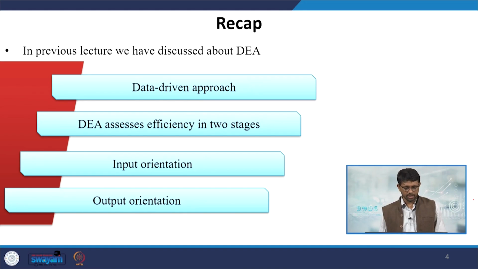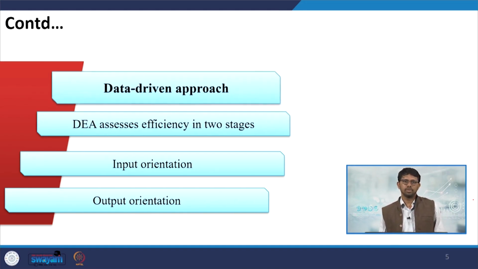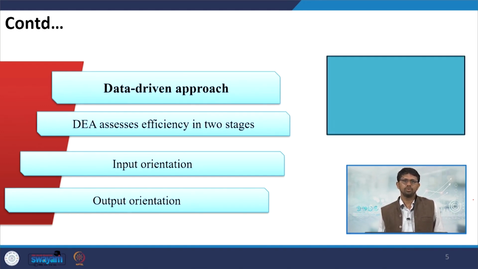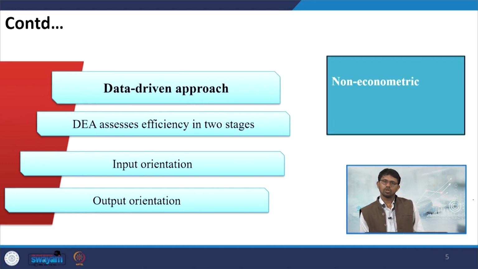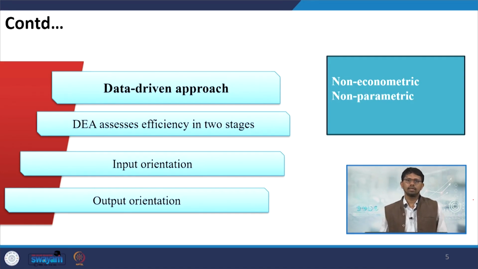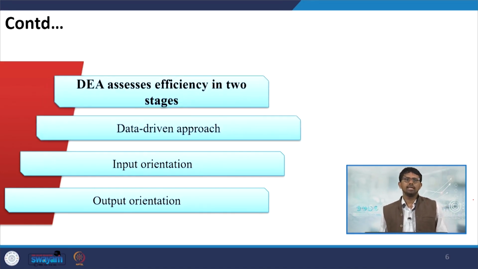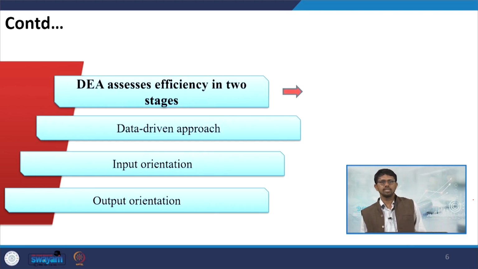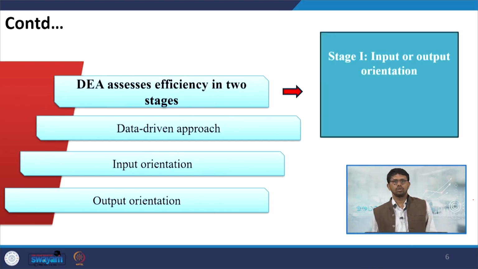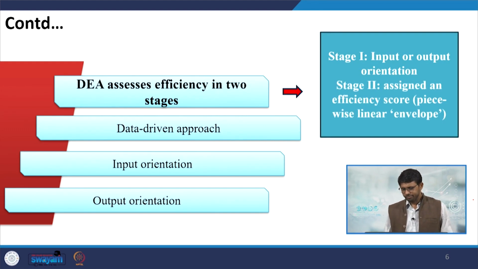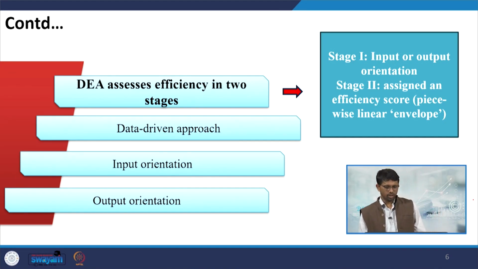We discussed that DEA assesses efficiency in 2 stages, and in the data driven approach we discussed the non-econometric or non-parametric model. One is through your input or output orientation, and second is assigning an efficiency score, which is basically called the piecewise linear envelope model.